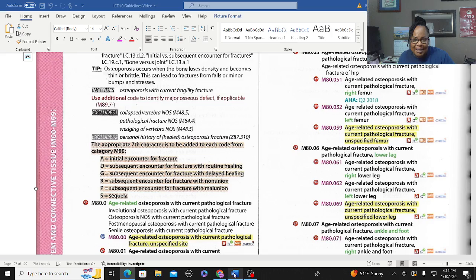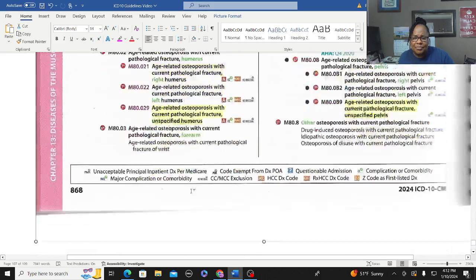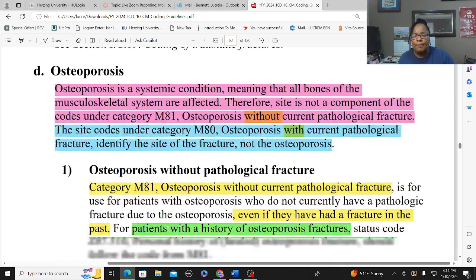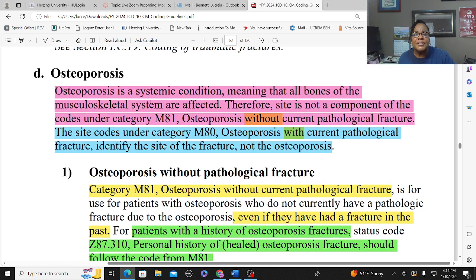All right, let's see what the outline says. Osteoporosis, straight from the guidelines. Number one, first let's say osteoporosis is a systemic condition, meaning that all bones of the musculoskeletal system are affected. If you got osteoporosis, it's in your bone.